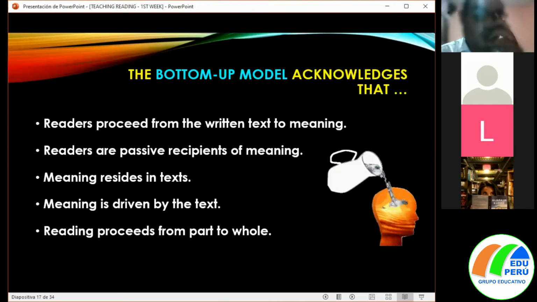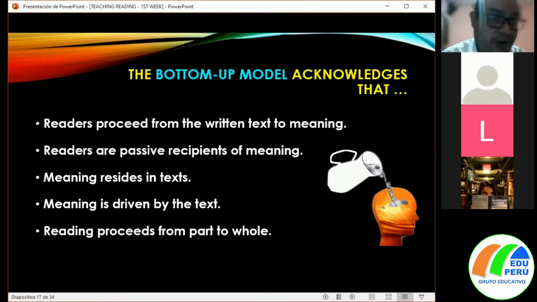So notice what reading is in this theory, this traditional view of reading. It's just a reproduction of the text. Readers are passive. The most important thing here is the text.